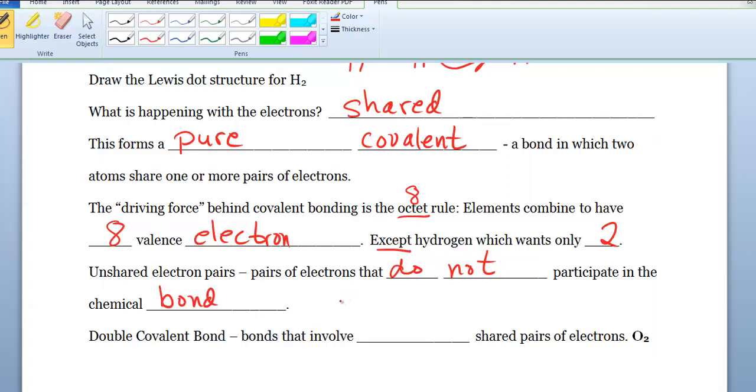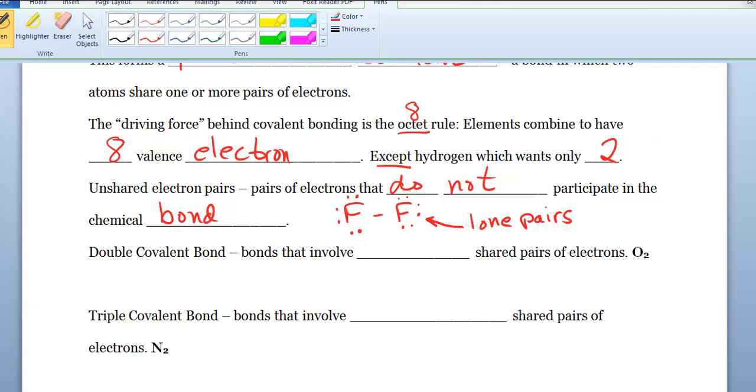So when I draw, say, fluorine connected to fluorine, they each have 7 valence electrons, but they're sharing one pair of electrons in between them. So these outer electrons are called unbonded pairs or lone pairs of electrons. They are not participating in the bond.